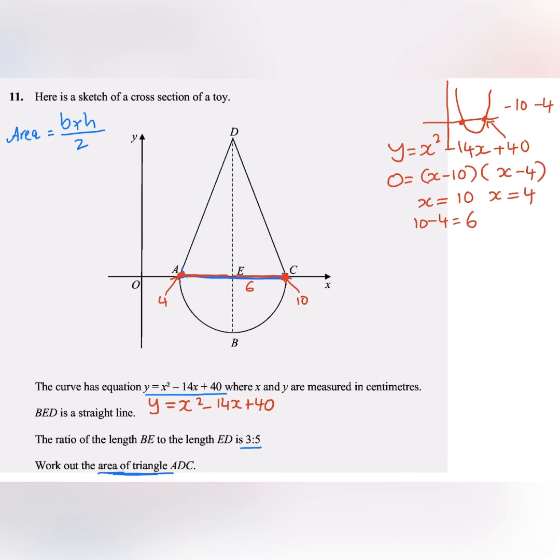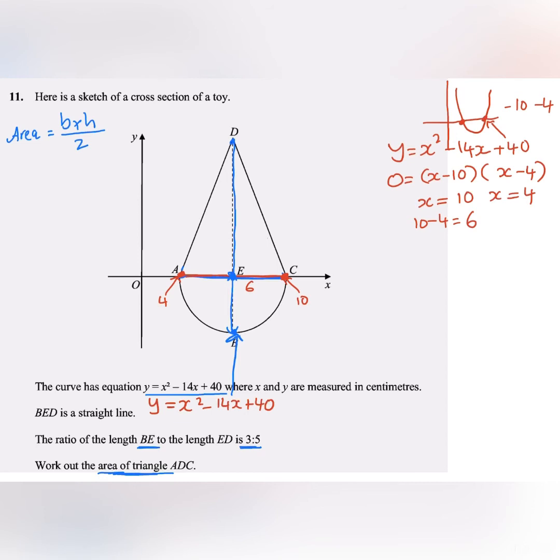Okay, so now we need to find the length of this line, E to D. Now they've given us this information. It says B to E and E to D is 3 to 5. Now, this curve is drawn from this quadratic, and this is the minimum point on the curve.